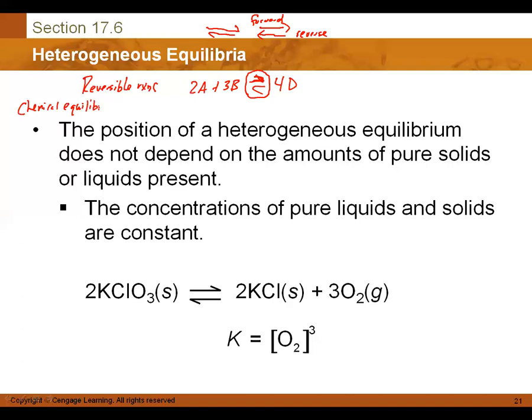Remember, as we talked about last time, reaching chemical equilibrium doesn't mean that the reactant side and the product side have exactly the same amount of each. What it does mean is that the rate of the forward reaction will equal the rate of the reverse reaction.